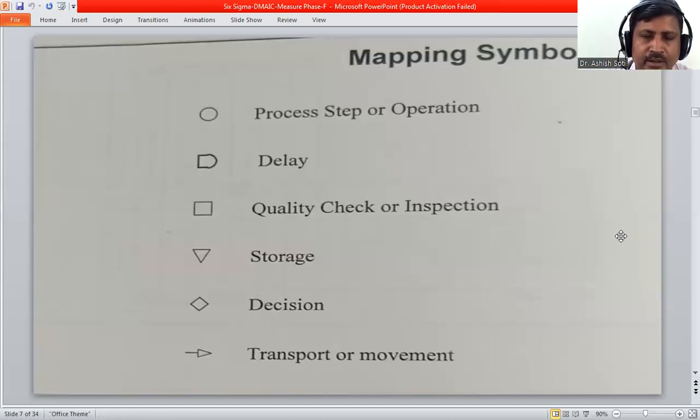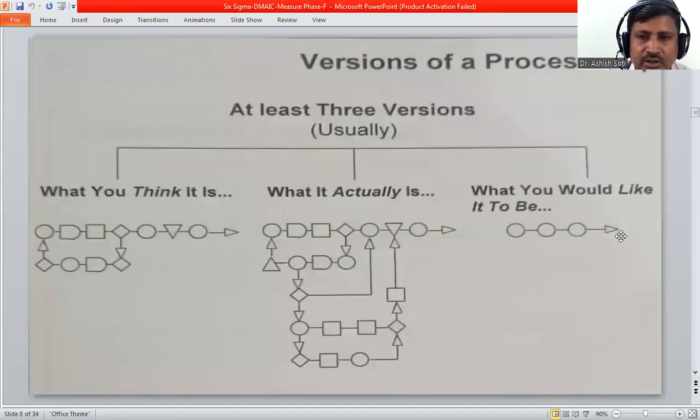Now, the problem when we are discussing this is that what we think a process is, is something like this, right? It seems to be a little bit complex, but not a very complex process. But actually, if you go into the depth of making the process map, you will come to know that it is actually like this.